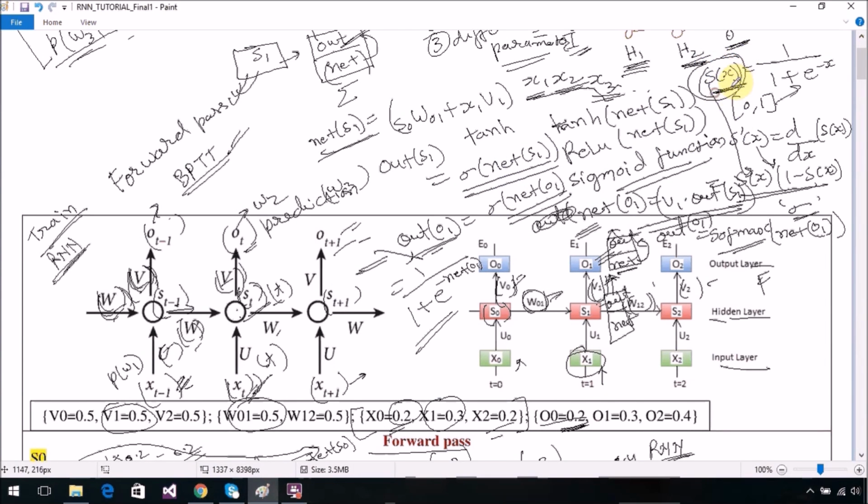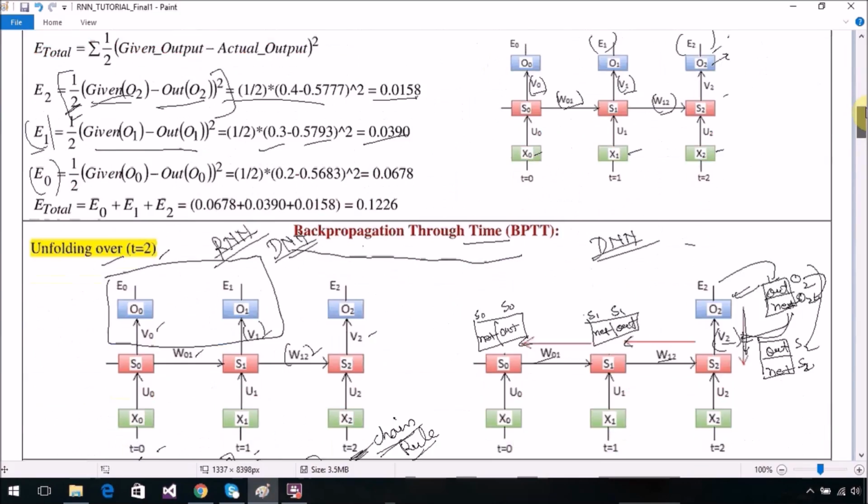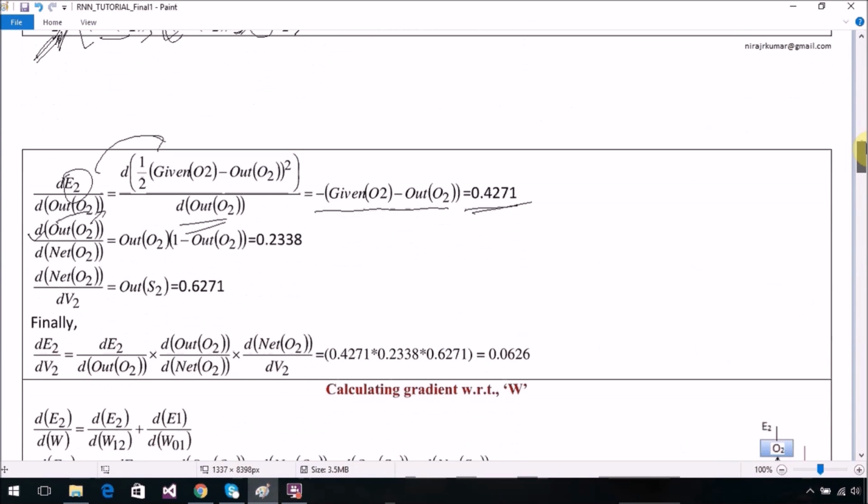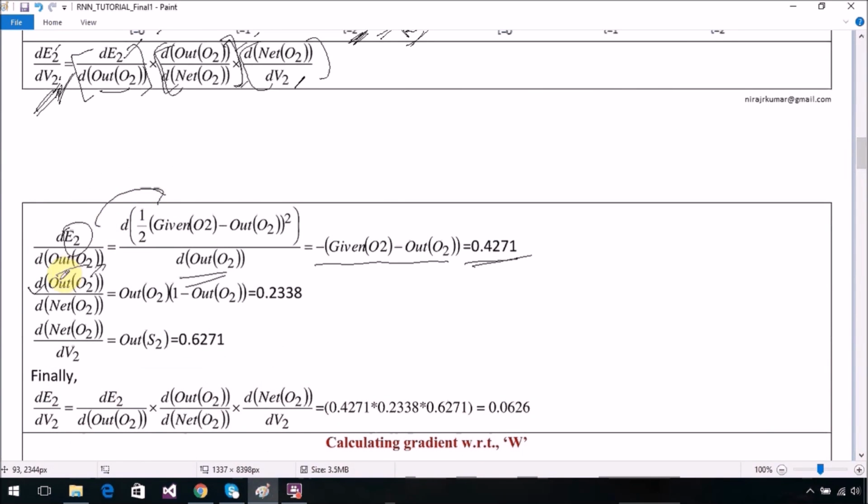If we take the differentiation of sigmoid function S(x) with respect to x, then it gives such a relation, meaning S(x) times 1 minus S(x). So the same type of relation exists here. In this case our derivative will be out O2 times 1 minus out O2.